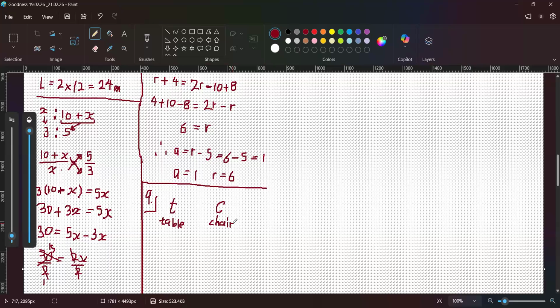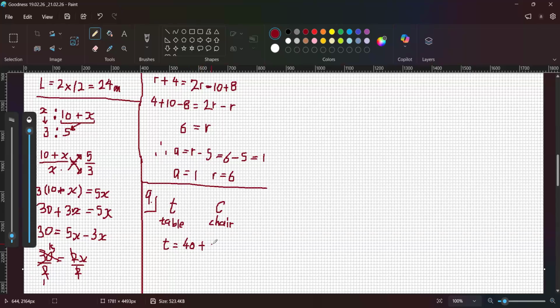Once you look at it that way, then we can say that T is equal to what? 40 plus C, right?